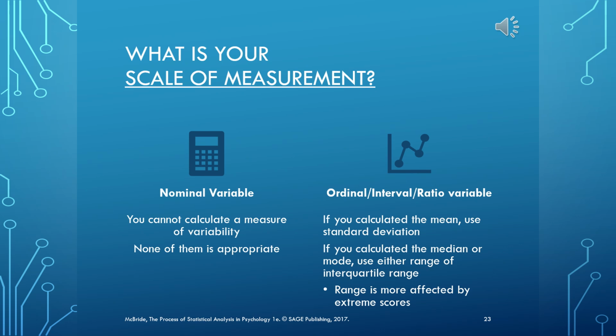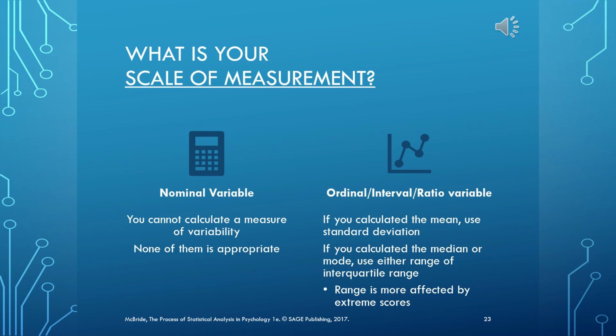All you're doing is counting people in different categories, right? So there isn't actually an appropriate measure of variability there. It's just counts and frequencies and percentages. For ordinal, interval, and ratio variables, though, if you calculated the mean, which we mostly do on interval and ratio variables, then you should use the standard deviation. So the mean and standard deviation go together.